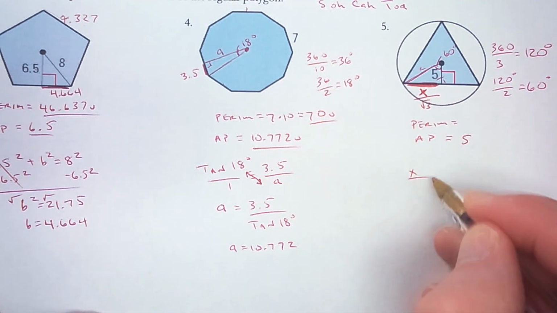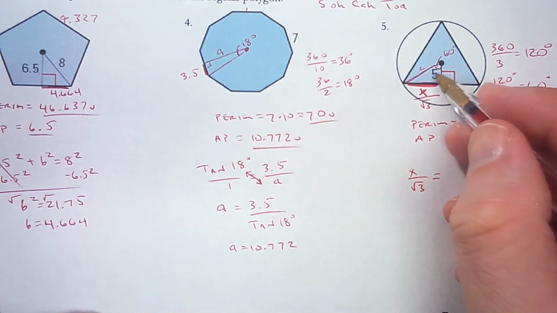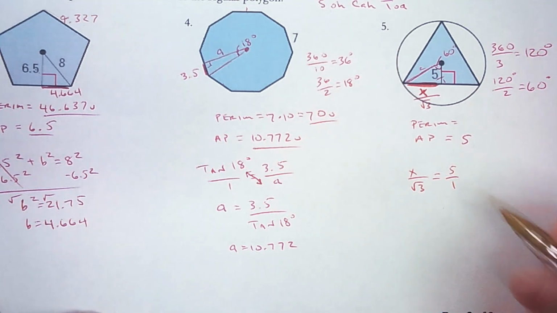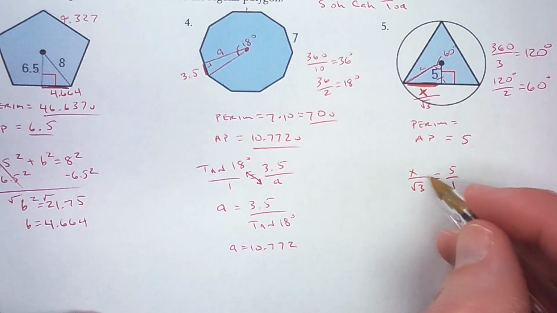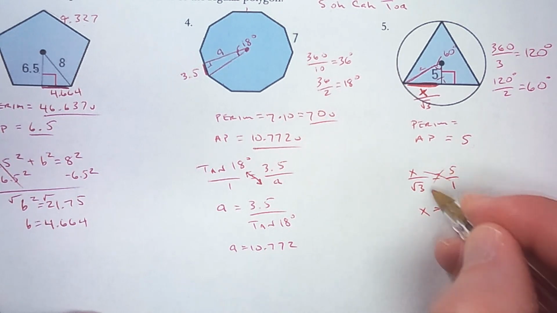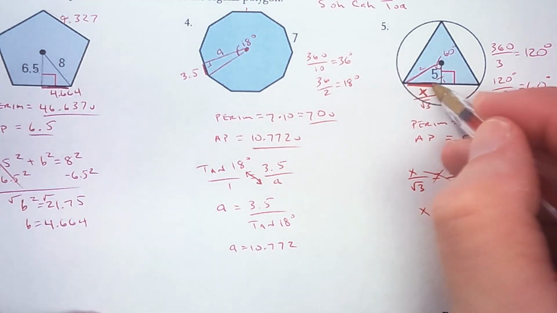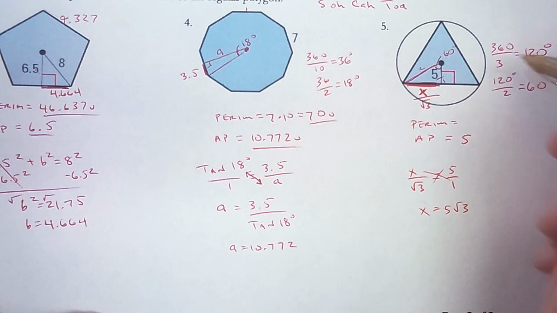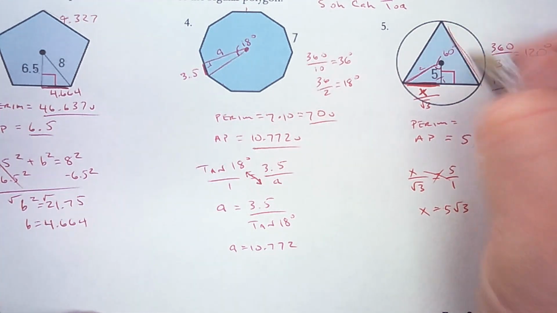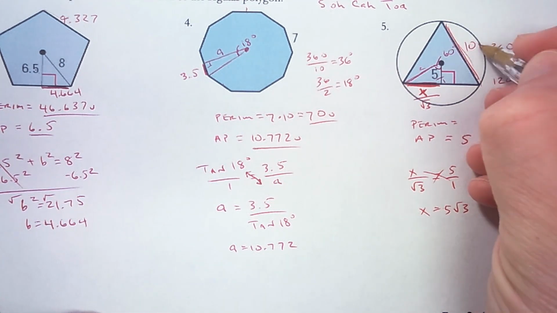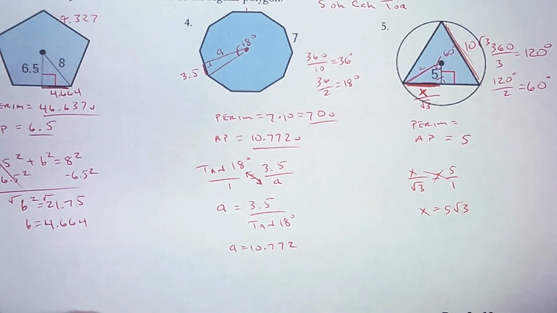So I have X is to the square root of 3, as 5 is to 1. Okay, so that means that X equals 5 times the square root of 3. Okay, so this half side right here is 5 root 3, which means this entire side is 2 times that, or 10 times the square root of 3.